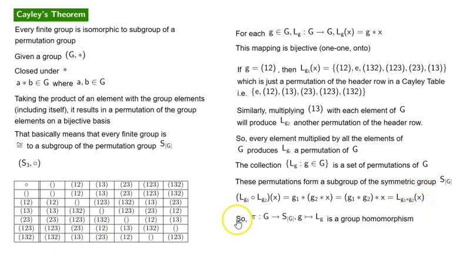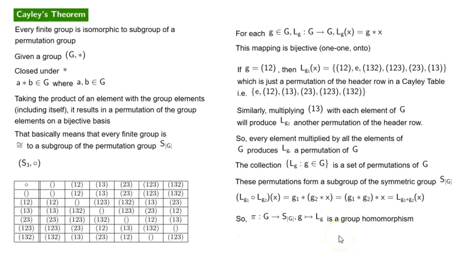So we can write this as pi maps G to S sub order of G, where g maps to L sub g. And this pi is a group homomorphism. So it is not an isomorphism. This is a group homomorphism.